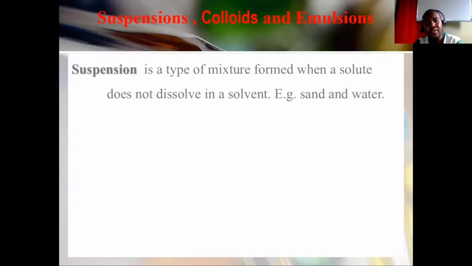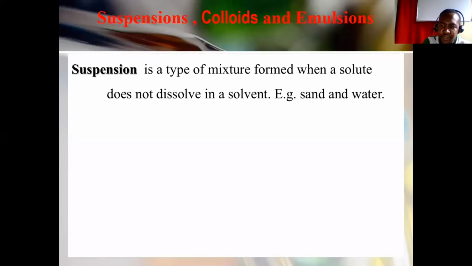All right, so let's look at distinguishing between suspensions, colloids and emulsions. A suspension is a type of mixture formed when a solute does not dissolve in a solvent. What I normally use to define suspension is that suspend means you're hanging from somewhere.